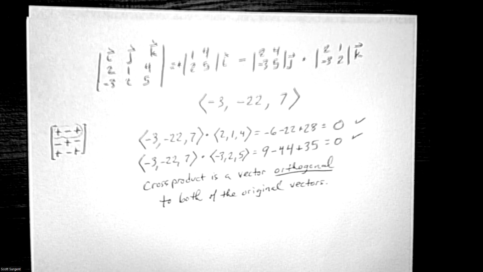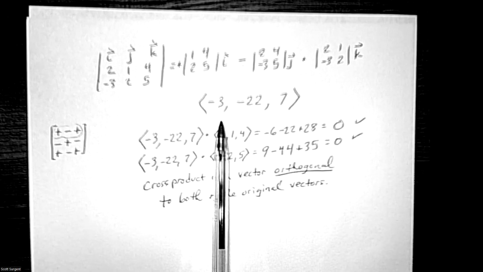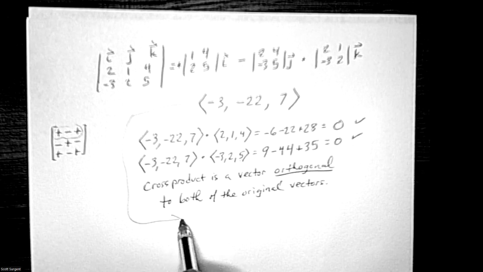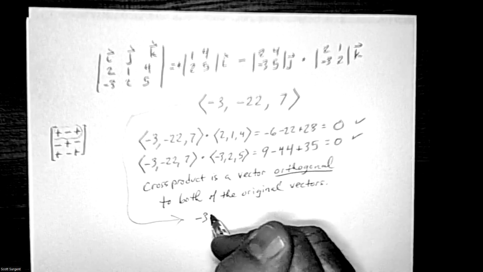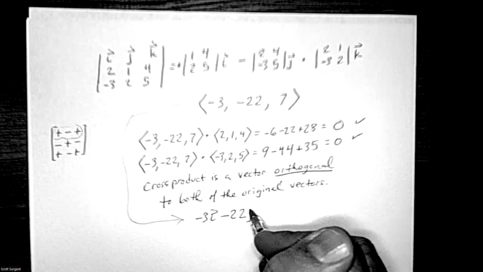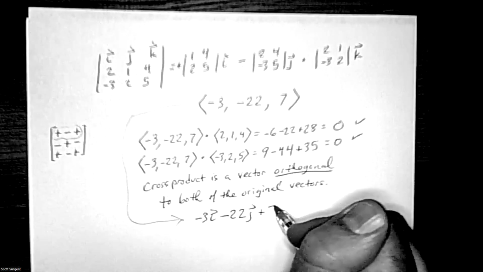Okay. And so when you have that final vector, the -3, -22, 7, if you were to write that in the equation including ijk, you would write it just as you see it. In this case, the negative is included.